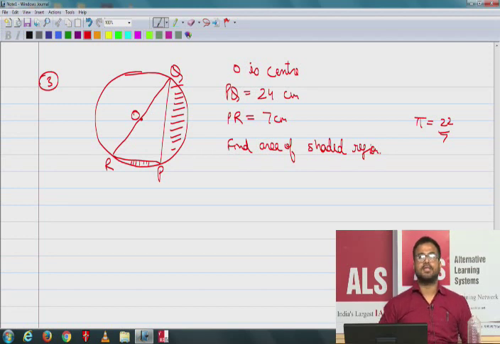I hope you remember that in the 9th class you have studied one theorem, that angle subtended in a semicircle is always 90 degree. So here QR is the diameter and angle QPR is the angle subtended in the semicircle. So this is going to be 90 degree. This angle QPR is 90 degree because it is the angle in the semicircle.